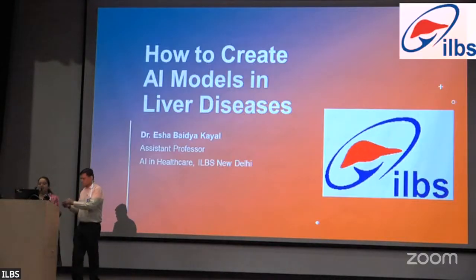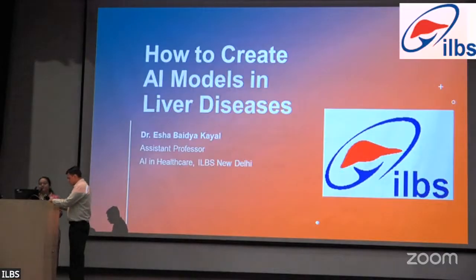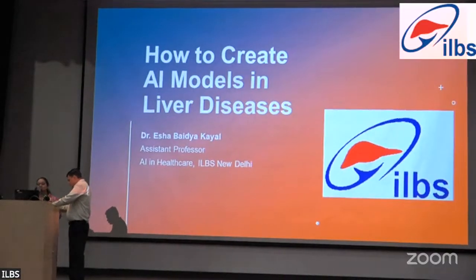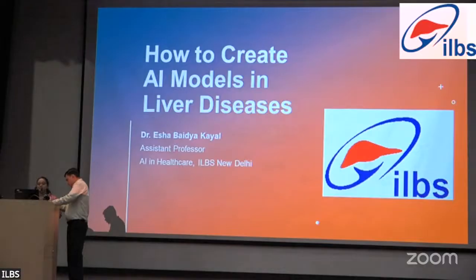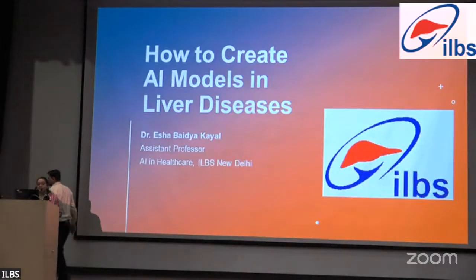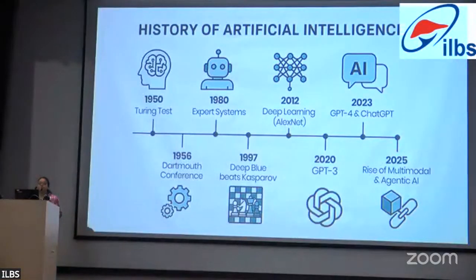Good morning, all. I'm going to present the topic how to create AI models in liver disease. With a quick brief history of AI, I would like to start. AI is not a new area.